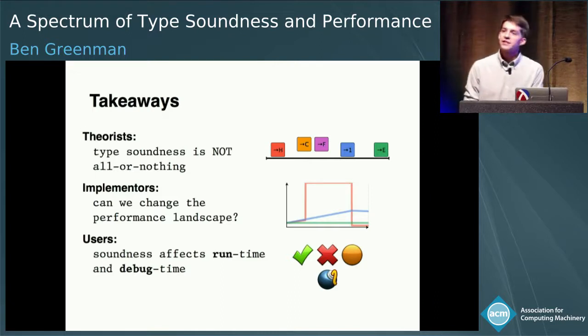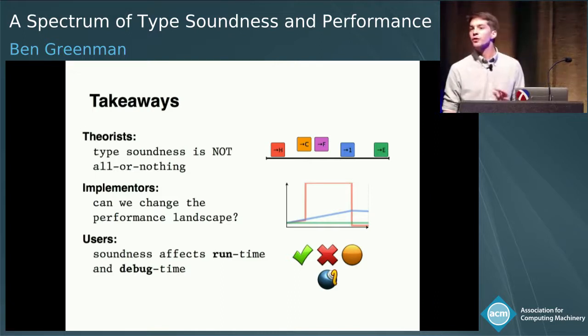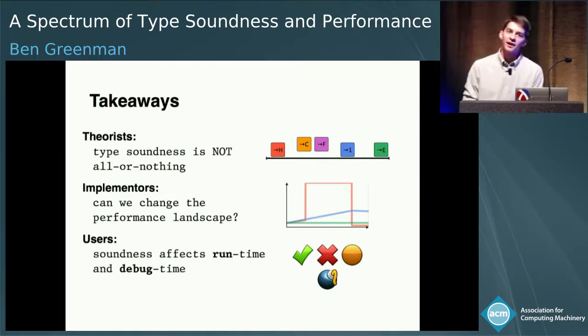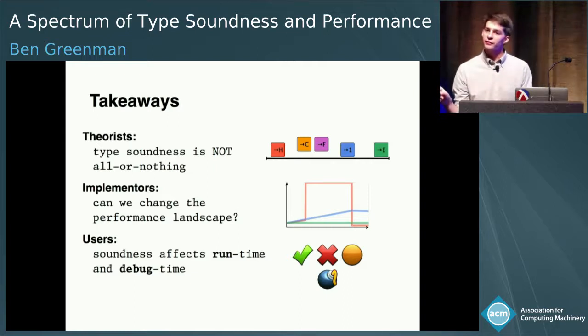The F stands for forgetful, which is based on Michael Greenberg's forgetful semantics for higher order contracts, for space-efficient contracts. The difference between forgetful and this lazy C is that when a value crosses boundaries more than once, forgetful will remember only the most recent. So it's much closer to what first order does, basing its checks on local type annotations.